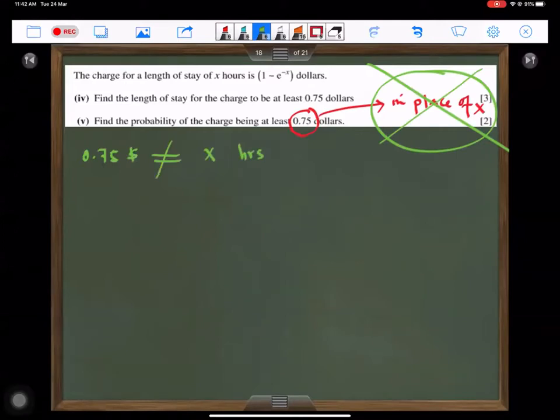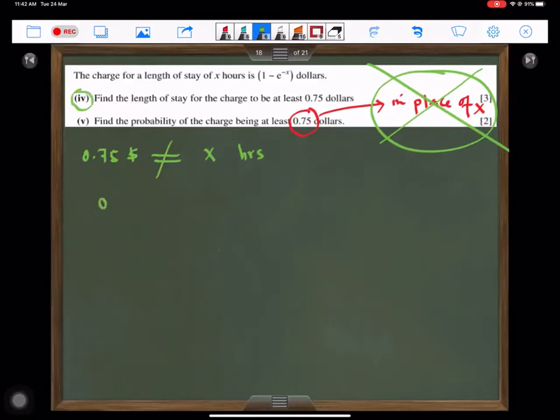Second thing, if you even want to think pragmatically, the minimum value of x is 1, so 0.75 won't fit in any way. That's for practical purposes. But the reality is 0.75 is dollars. How can you plug in dollars in place of hours? But you did the second part, remember?